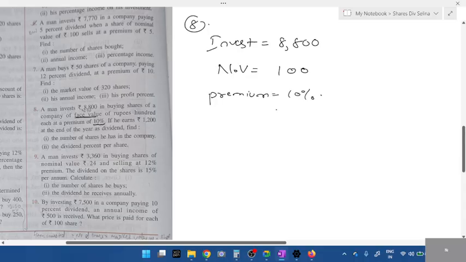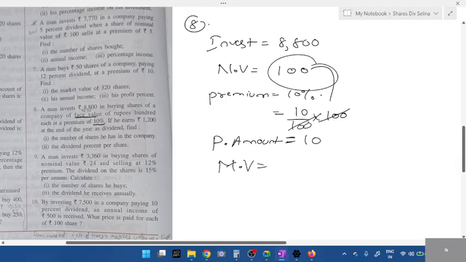But I don't need 10%, I want rupees. So what is that? 10 divided by 100 multiplied by 100, so rupees 10. That is the premium amount. I'll write P amount. Premium percentage is 10, but premium amount is rupees 10. So what will be the market value? 100 plus 10, 110.